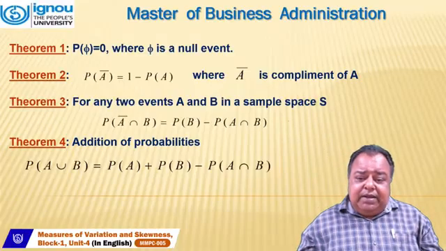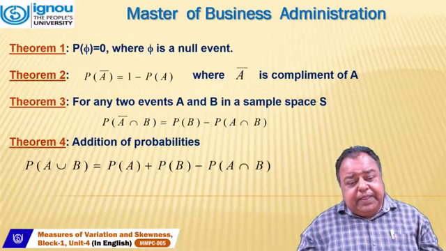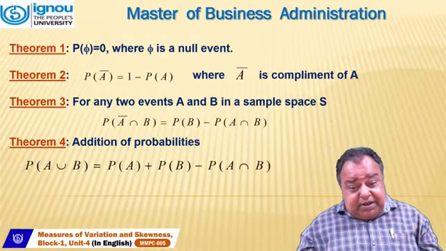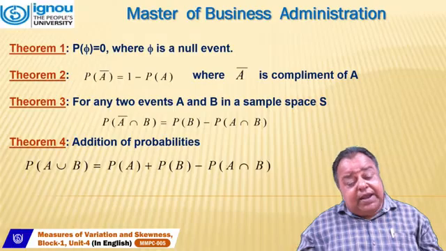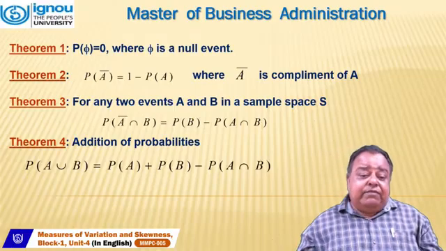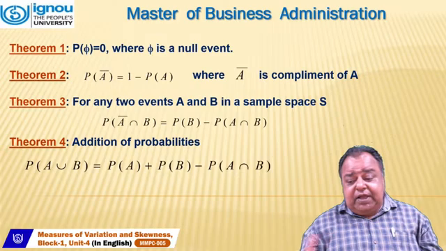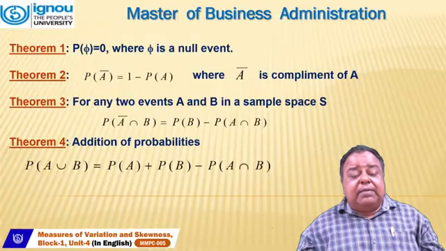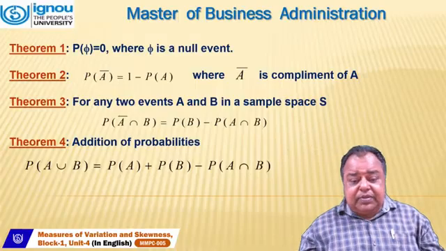For any two events A and B in sample space S, P(A complement intersection B) is equal to P(B) minus P(A intersection B). And for the addition of probabilities, if we have two events A and B, then P(A union B) will be equal to P(A) plus P(B) minus P(A intersection B).